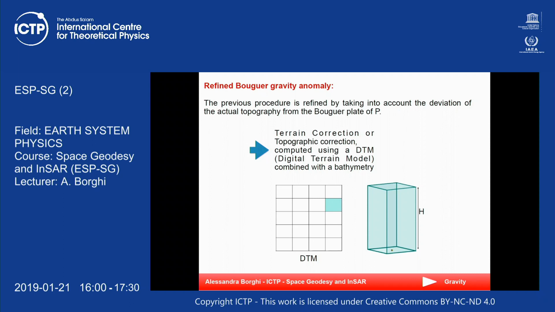The mean value is 2.67 grams over centimeter cubed. I said the wrong unit at first, but okay, grams per cubic centimeter.